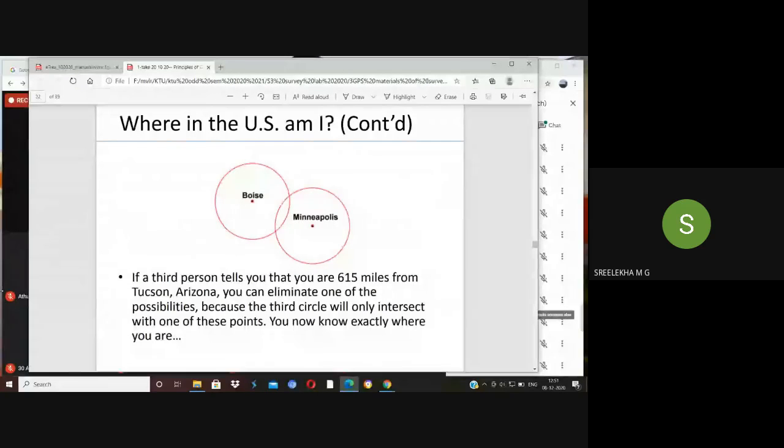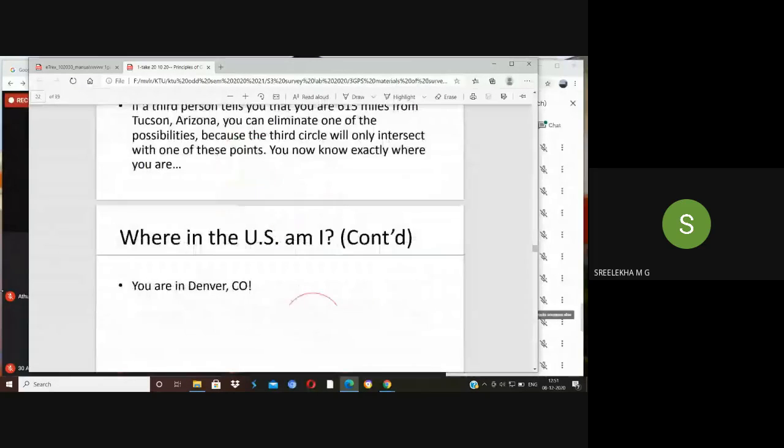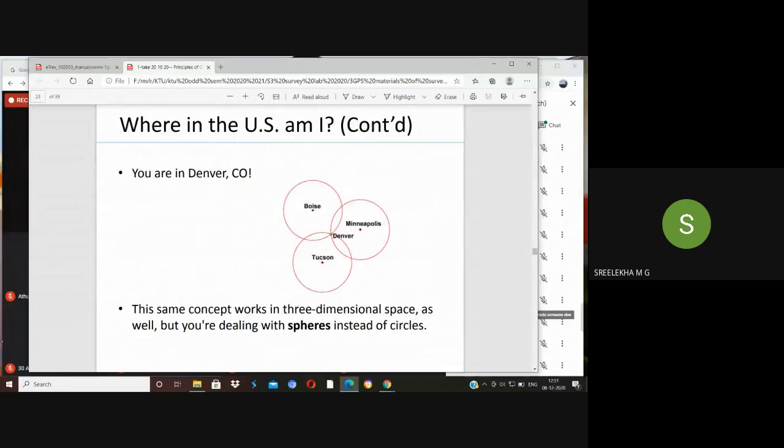Similarly, let us consider a third satellite also. What we are getting from the third satellite: this was the first location, we were at some distance from Boise. Similarly, from the second location, Minneapolis, we are at some radial distance from Minneapolis.